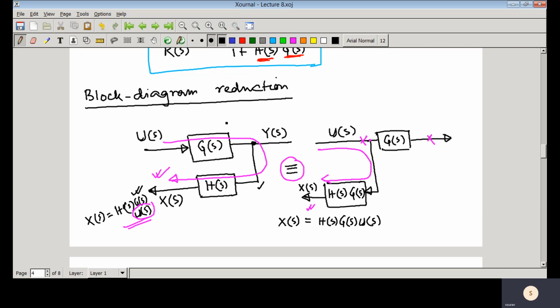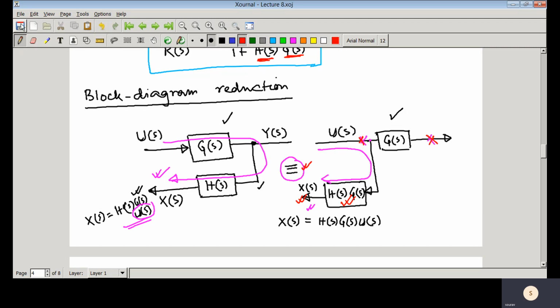So you can say that this block diagram and this block diagram are equivalent. Here what you have seen is that if you change this branching point position from here to here, then you need to change this block's transfer function to keep the same signal here. Then only these two block diagram representations would be equivalent.